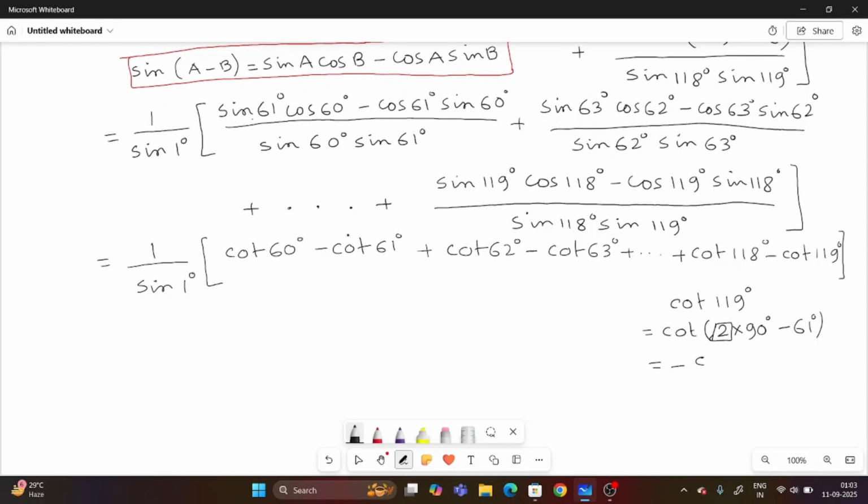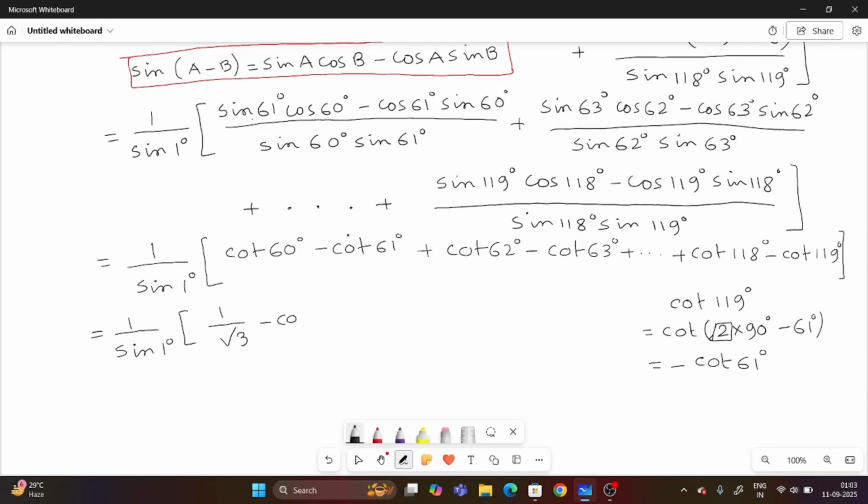So cot will remain cot and the angle present is 61. So proceeding like this, we can write the next step as 1 by sin 1 degree into, what is the value of cot 60? 60 degree is a standard angle, and we know the value of cot 60 is 1 by root 3.